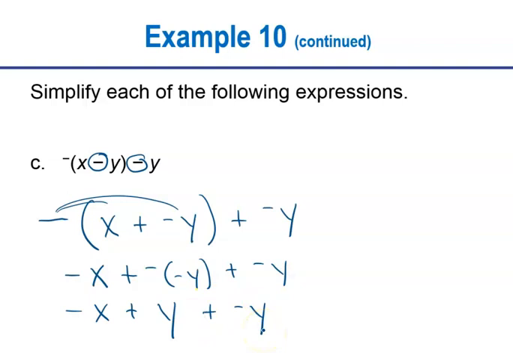Now think about your chips. A positive y added to a negative y. It's like the plus and the minus cancel each other out. There's y of the pluses and y of the negatives. And that just leaves us with the result of negative x. And we're finished with that one.